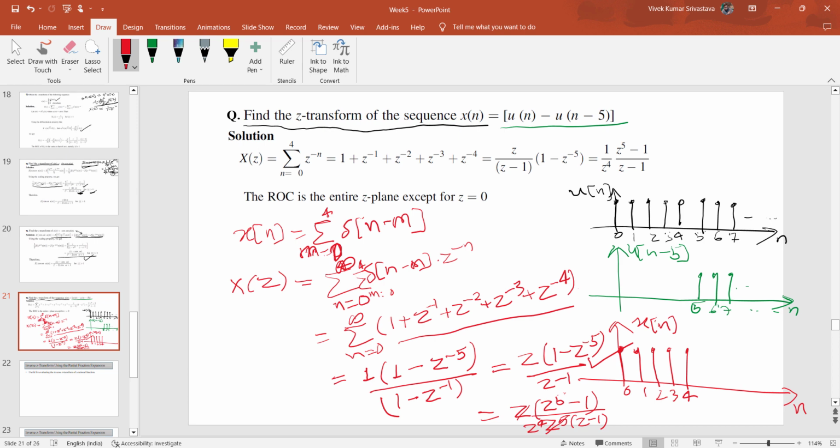From here we can see that the denominator contains two poles, that is 0 and 1. So the ROC will be the entire z plane except z equals 0 and 1. I hope this problem is clear to you.